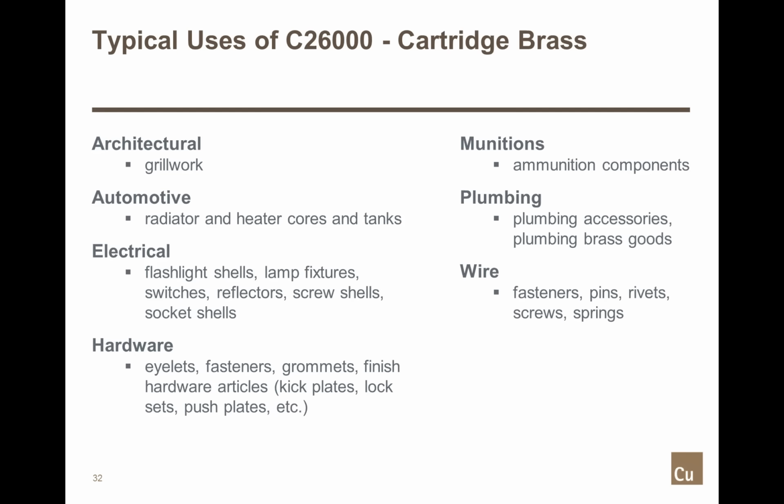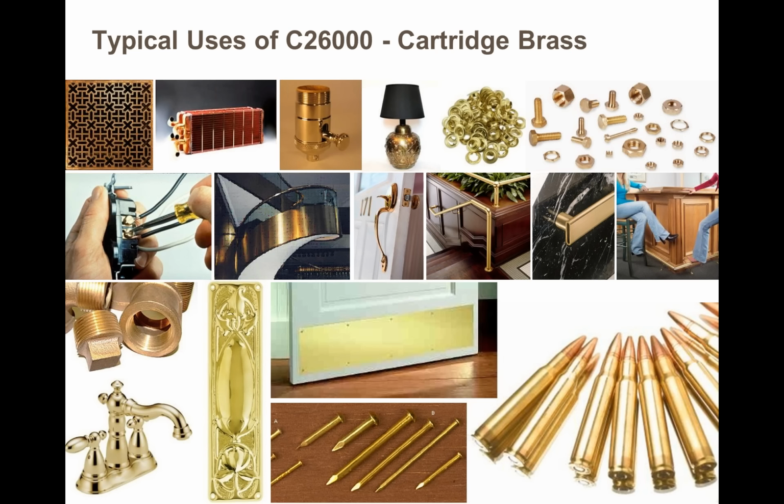The reason it has its name cartridge brass is ammunition, which is on the lower right in this photo. The cartridges are made out of brass, this brass, 260. And it's been a use for it for a long period of time.